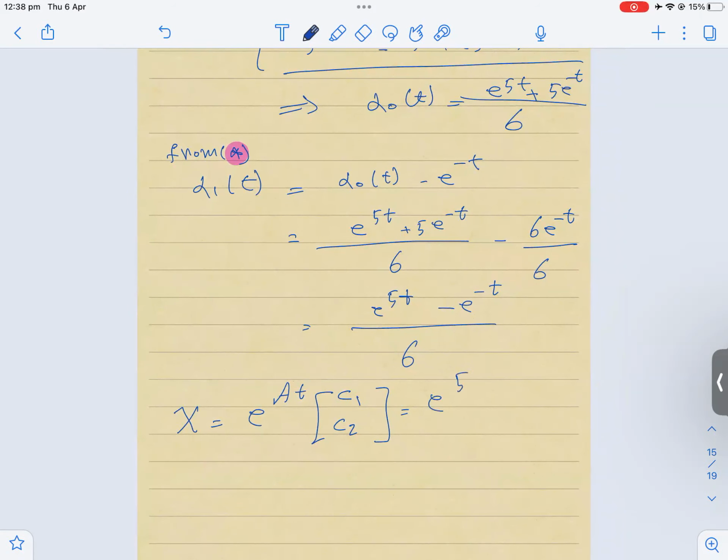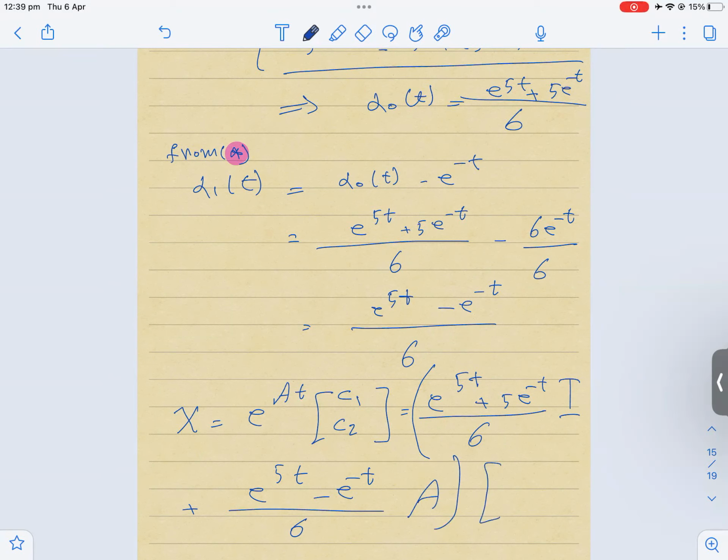E to the 5t plus 5e to the minus t divided by 6, in parentheses, plus e to the 5t alpha 1 divided by 6 times a times c1, c2.